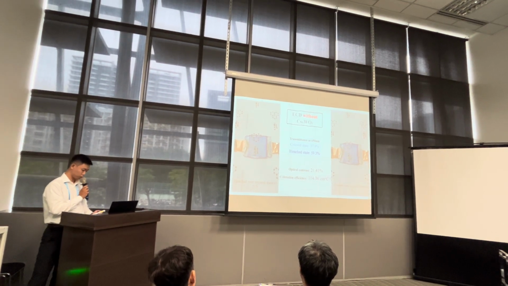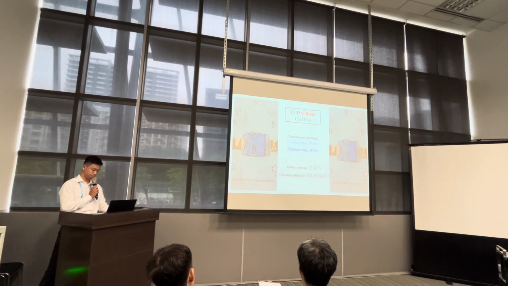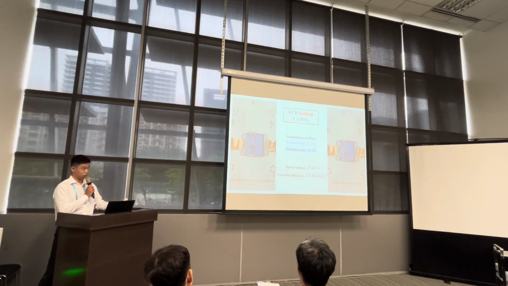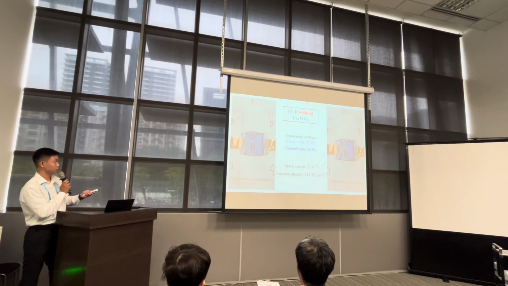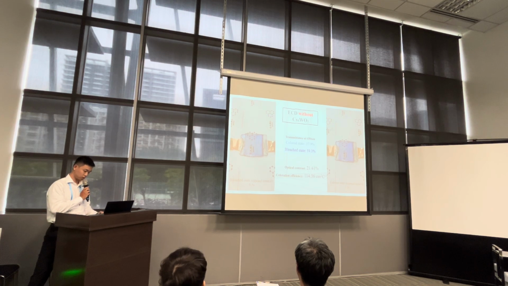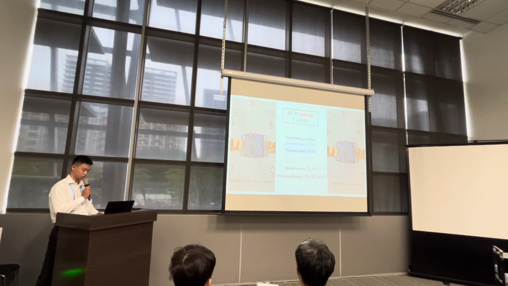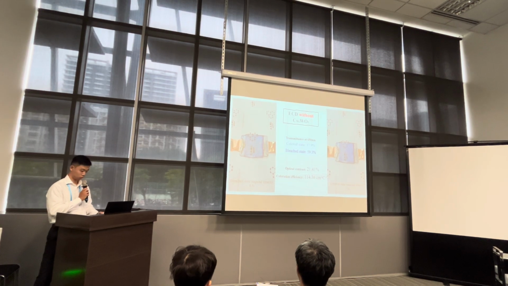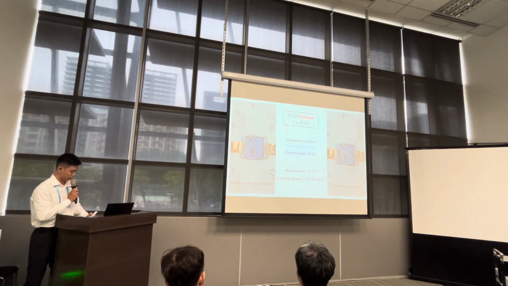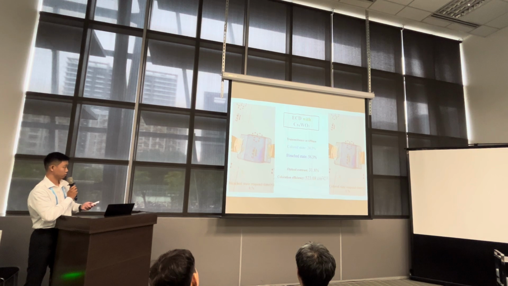It took 0.5 seconds to change from blue to transparent, and 1.2 seconds to change back. And this is the device without the cesium tungsten oxide. We have the optical contrast of 21% and the efficiency of 114 centimeters squared per coulomb.